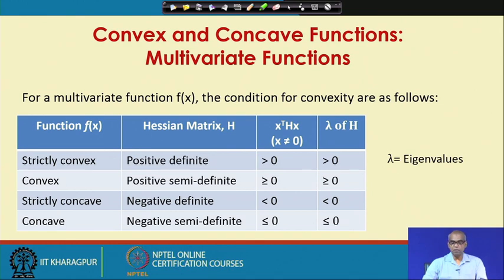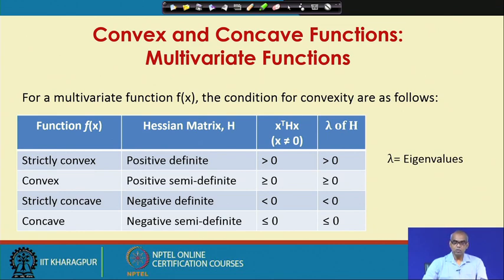For positive semi definite, x transpose H x will be greater or equal to 0. For negative semi definite, it will be less or equal to 0.